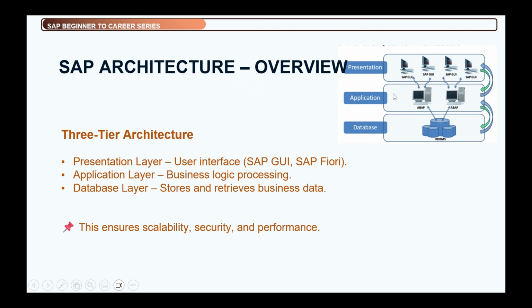This is the place where your business logic is processed. When you are entering a transaction in your interface layer, as an example, let's say you are entering a sales order. In your presentation layer, you will go to the screen and enter the VA01 transaction code. Then the screen loads, and you will enter customer and material. When you enter customer and material, if there is logic built in the system, that logic will be processed in this application layer.